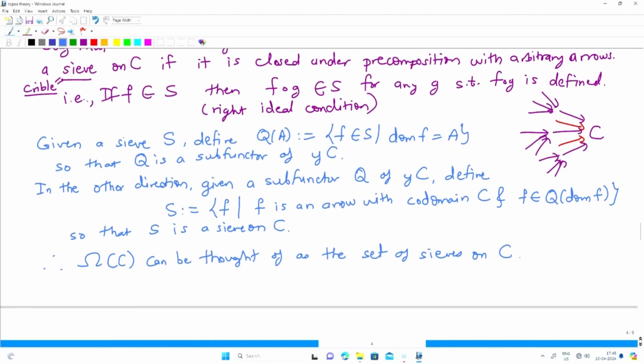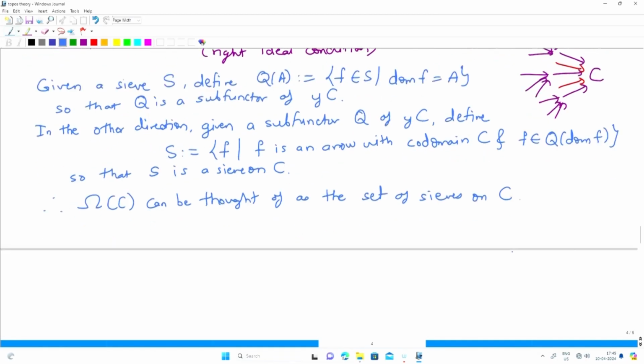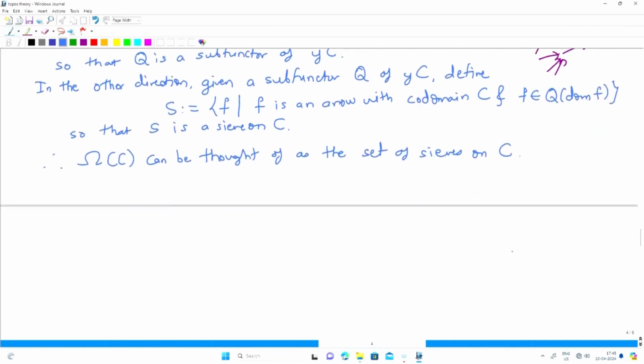Because we start with a small category. It's not the end of the story because we have only defined the object omega so far. We haven't defined the true map.